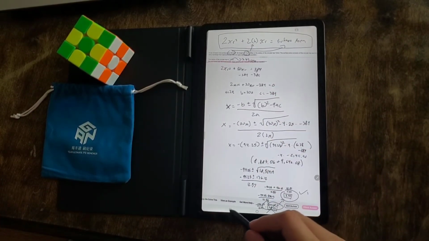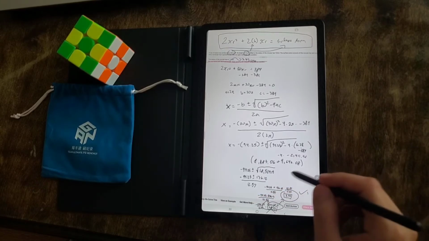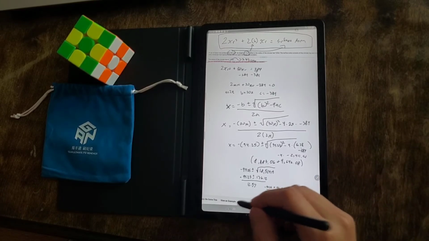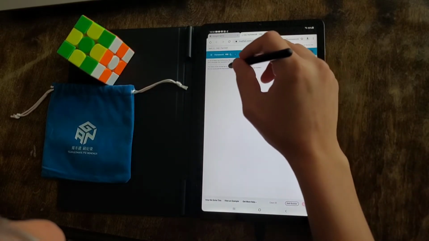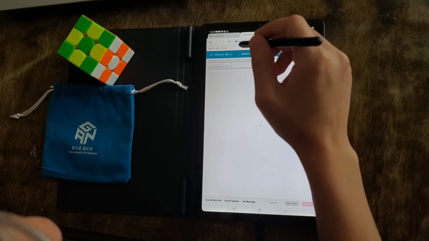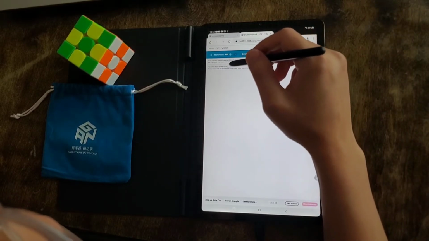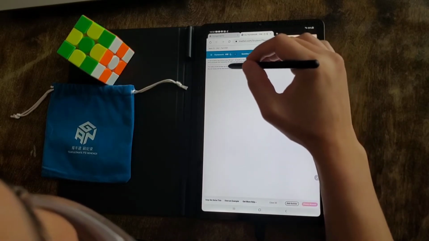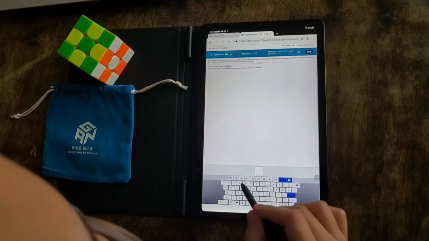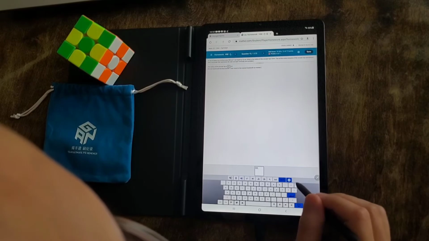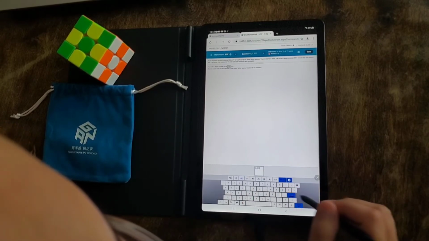Now let's go back in and actually plug that in. 3.33 centimeters.